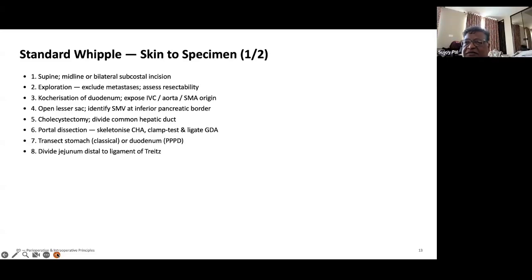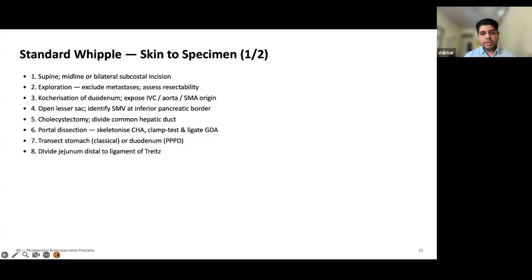Next, we'll proceed with opening the lesser sac, and once the lesser sac has been opened, we'll dissect along and identify the gastrocolic trunk, and that gastrocolic trunk will ultimately help to identify the SMV at the inferior border of the pancreas, and from there we can start tunneling.